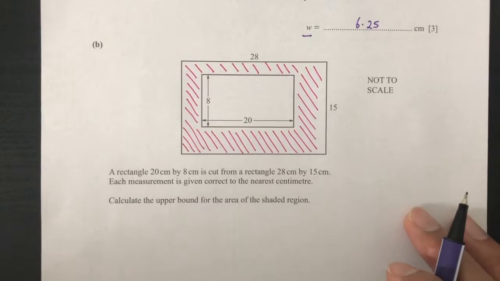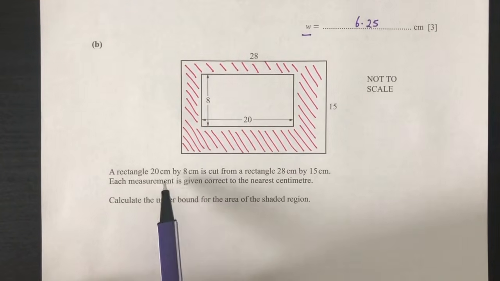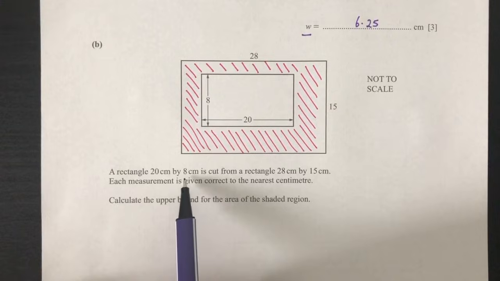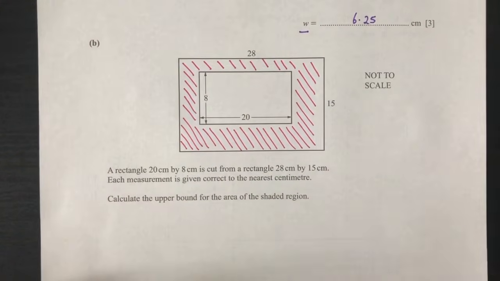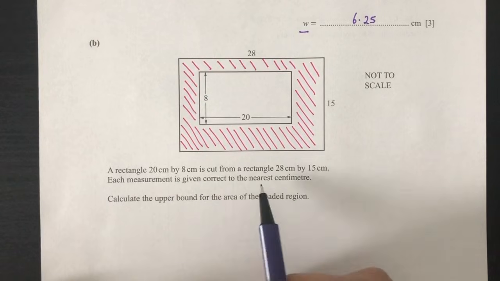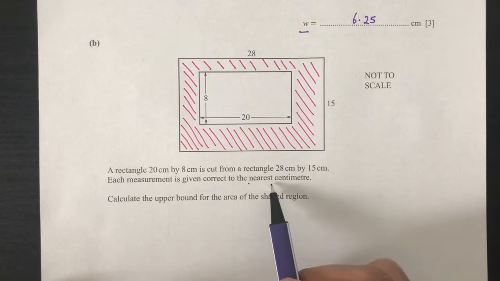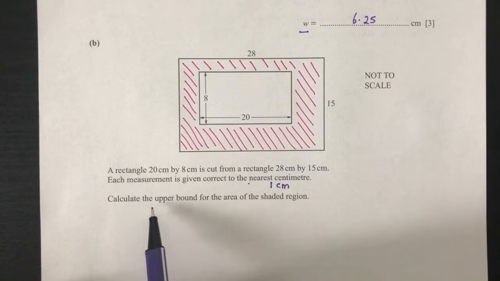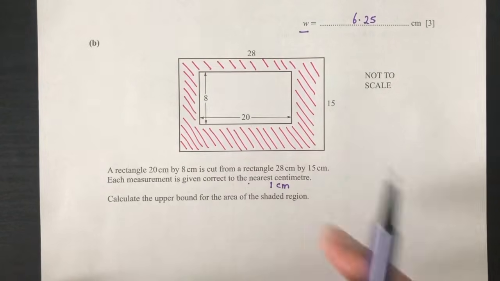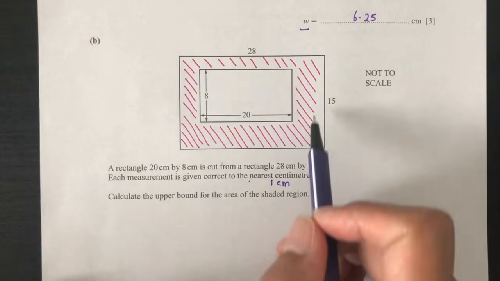Now question part B, it says a rectangle 20 centimeters by 8 is cut from this rectangle of 28 by 15. Each measurement is given correct to the nearest centimeter, so it is nearest 1 centimeter. Calculate the upper bound for the area of that region. So how would you find the area of that region?